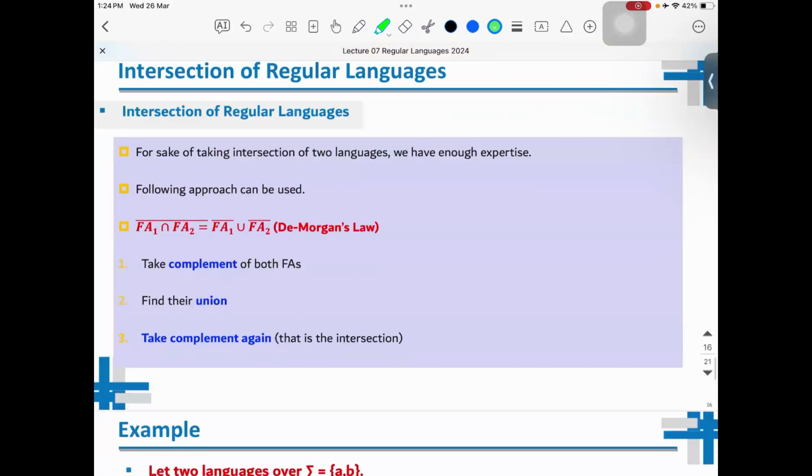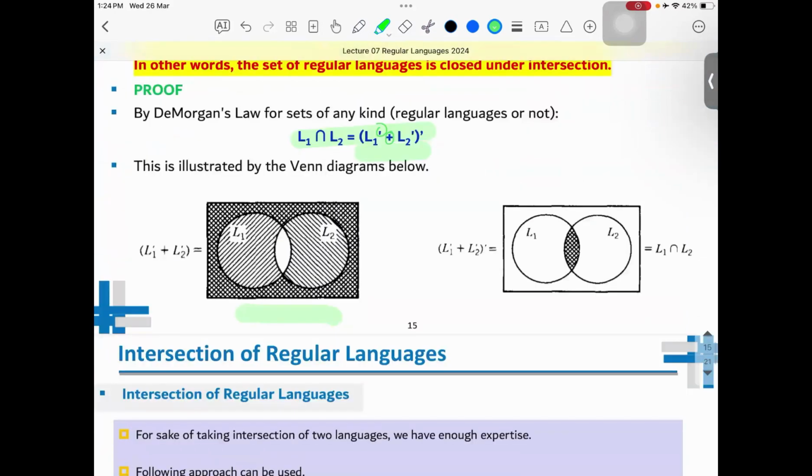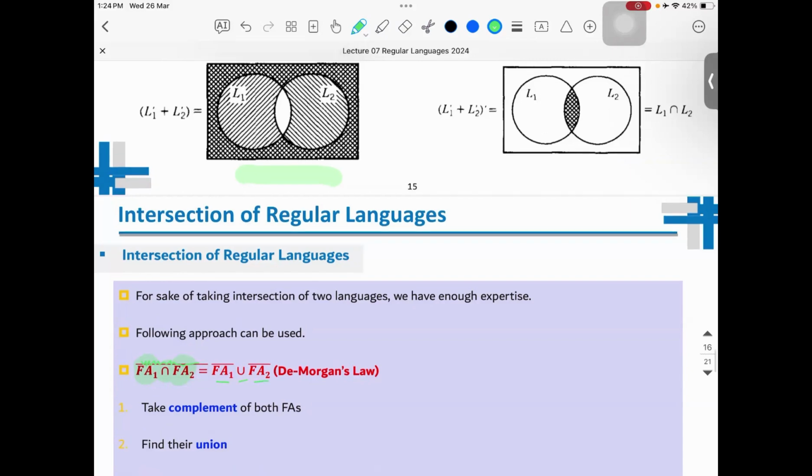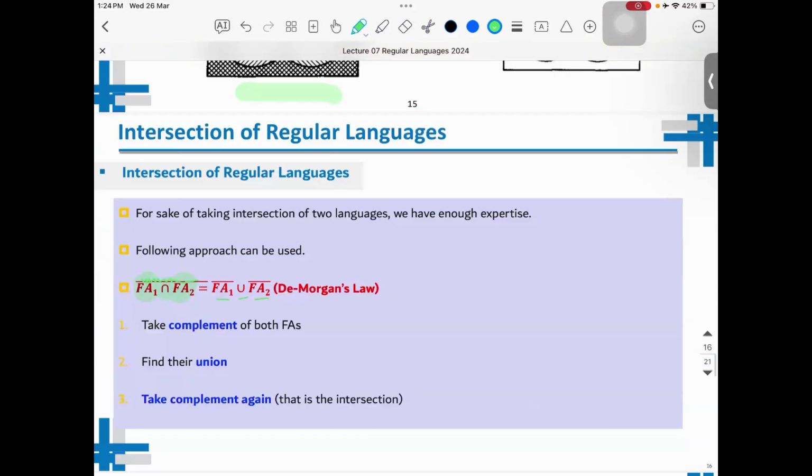Let's do it by using the finite automata. You know that for finite automata 1 and finite automata 2, the intersection is equal to the complement of finite automata 1 union the complement of finite automata 2.